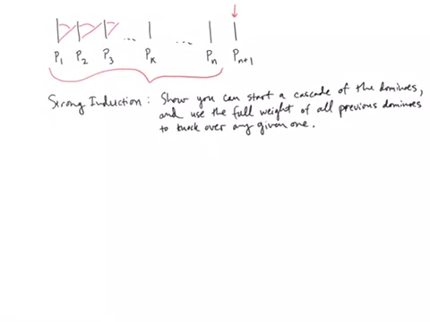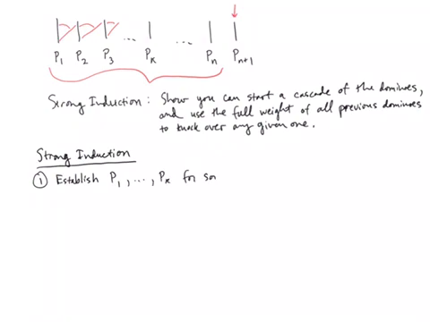So here's the proof technique more formally. Okay, so in the first case, you establish P1 through Pk for some k. Okay, so that's showing that you can start the cascade, right?